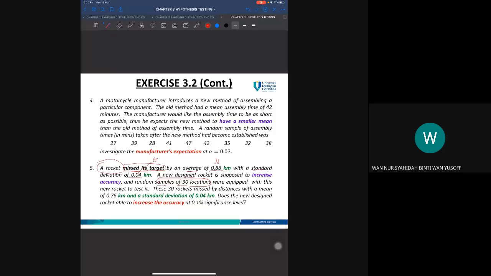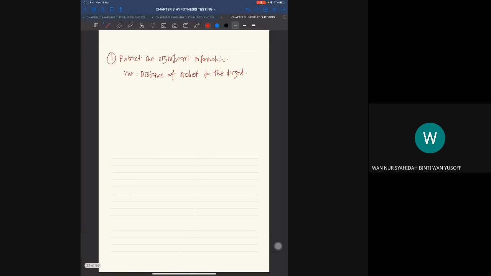As I said before, any value that represents something that already happened, the past study or past record, like just now when we discussed proportion and had the standard treatment, is a population value. So here 0.88 and 0.04 are population values. That's why here you have mu and here you have sigma. So I will write here.